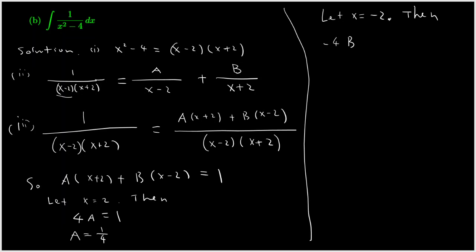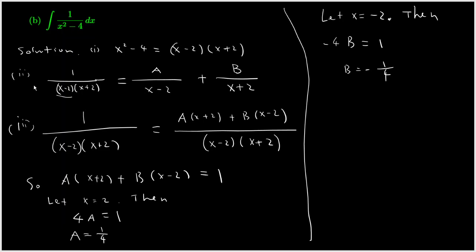Do you see how that comes about? With x equal to negative 2, the first term is 0. The negative 2 minus 2 is negative 4. That's why I have negative 4b. Negative 4b equals 1. The right hand side is a constant function of 1. That's why we have b equal to negative 1/4.